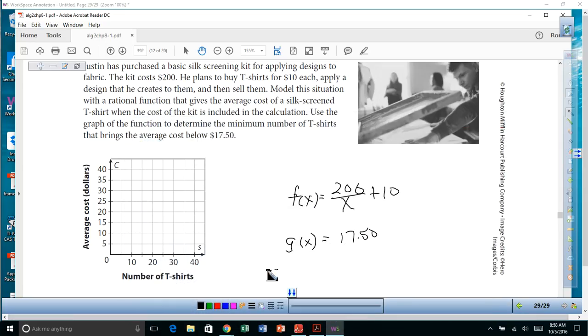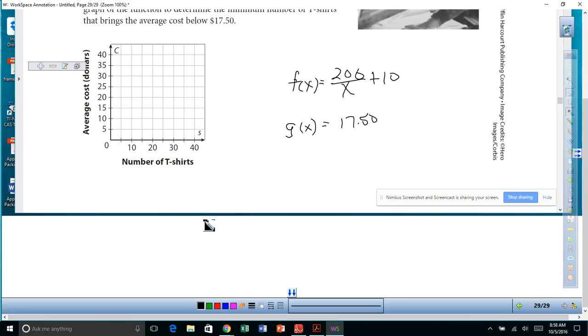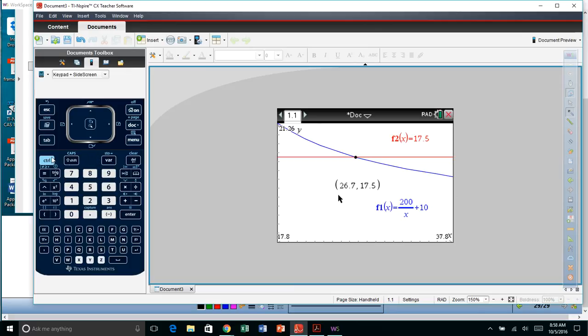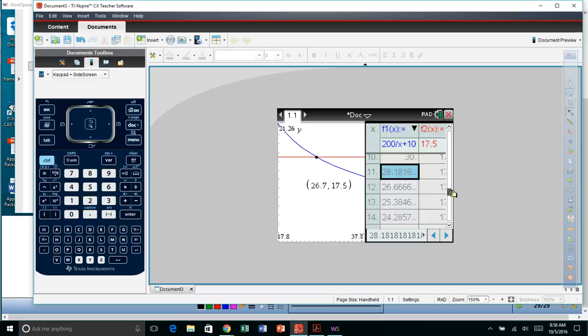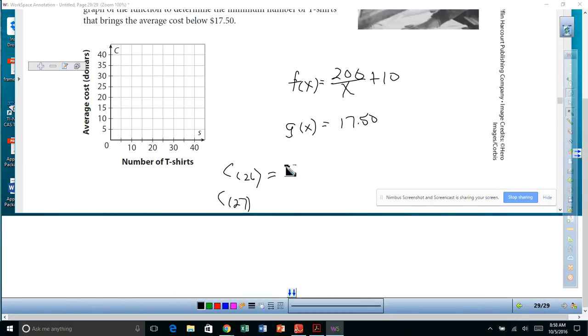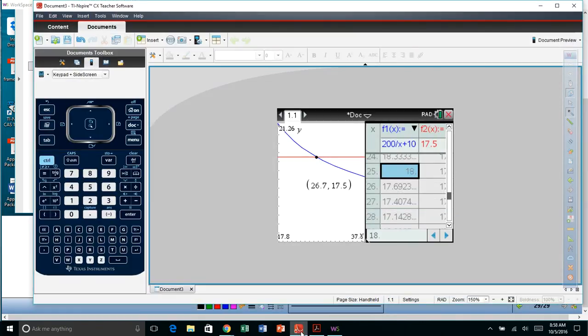So what do we got going here? C of 26, C of 27. C of 26, Control T, 26. C of 26 is 17.69, and C of 27 is 17.41.